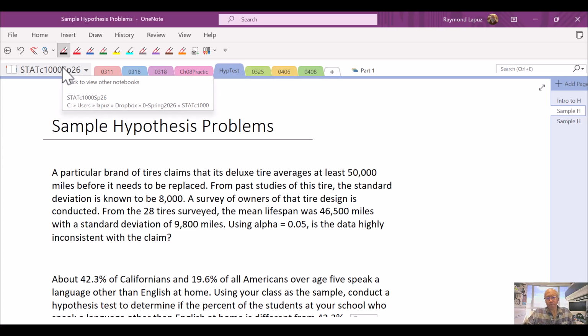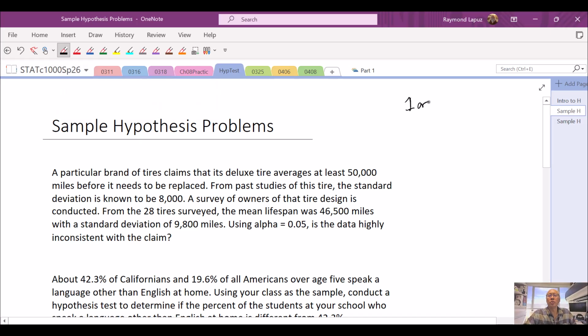So here are a couple of things we're going to look for. We're going to ask if this is a 1 or 2 sample test. And then we're going to ask ourselves, are we testing the mean or the proportion? And if we're testing the mean, we have to ask ourselves, is sigma known or unknown?